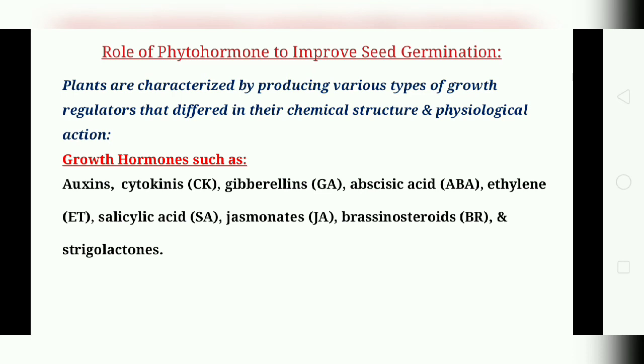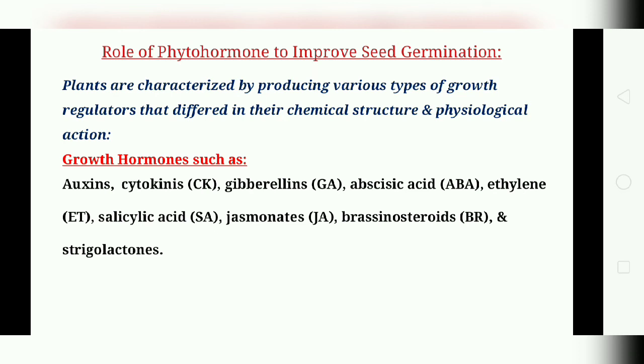Plants are characterized by producing various types of growth regulators that differ in their chemical structures and physiological action. They include auxin, cytokinins, gibberellins, abscisic acid, ethylene, salicylic acid, jasmonates, brassinosteroids and strigolactones.